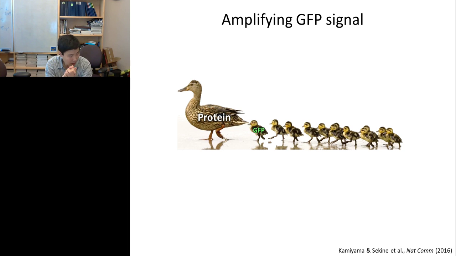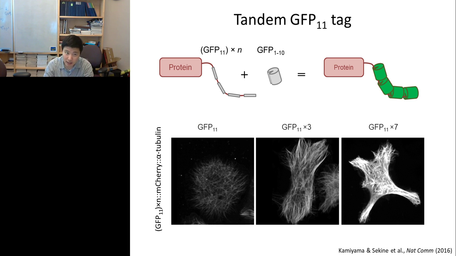Well, initially, we tried the brute force way, and we cheated. If one copy of GFP is not bright enough, how about having multiple copies of GFP? This is inspired by the SunTag methods coming out of Ron Vale's lab at UCSF. The basic idea is GFP11 is short enough that we should be able to arrange it into 10 repeats.